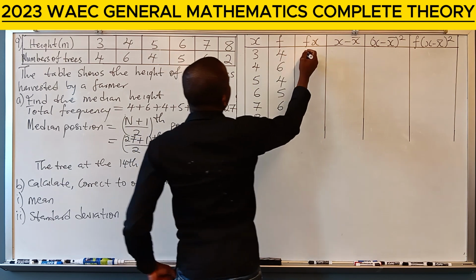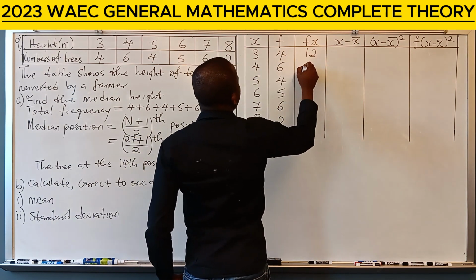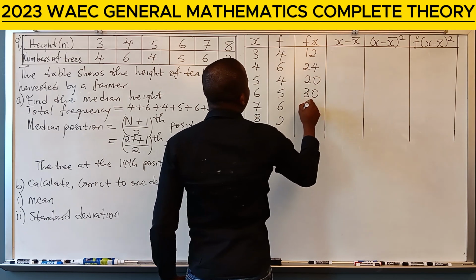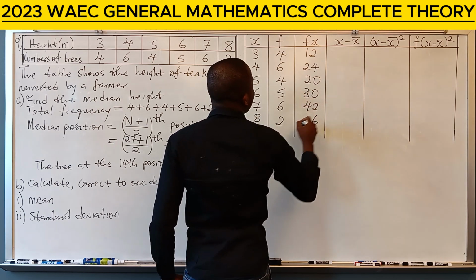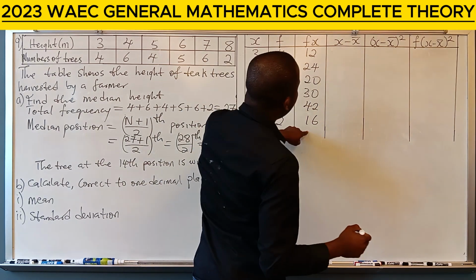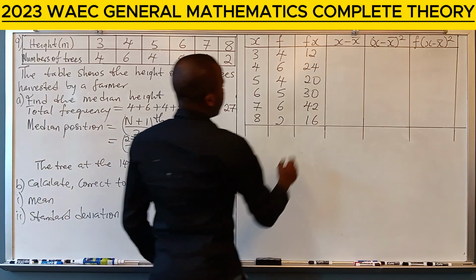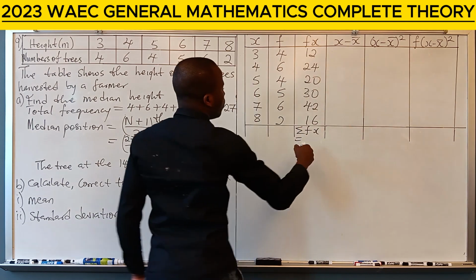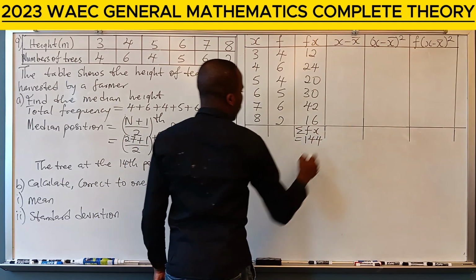And when we multiply these, we have 12, 24, 20, 30, 42, 16. So we need the mean in order to proceed. Summation of fx, if we sum this, we'll get 144.